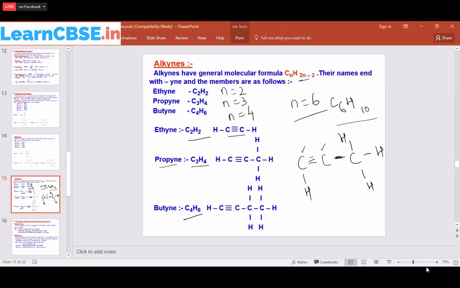The next carbon has 1, 2, 3 and 4, and this carbon also has 4 bonds. We should not write the triple bond all over the carbon atoms, only between the first and the second carbon atoms.